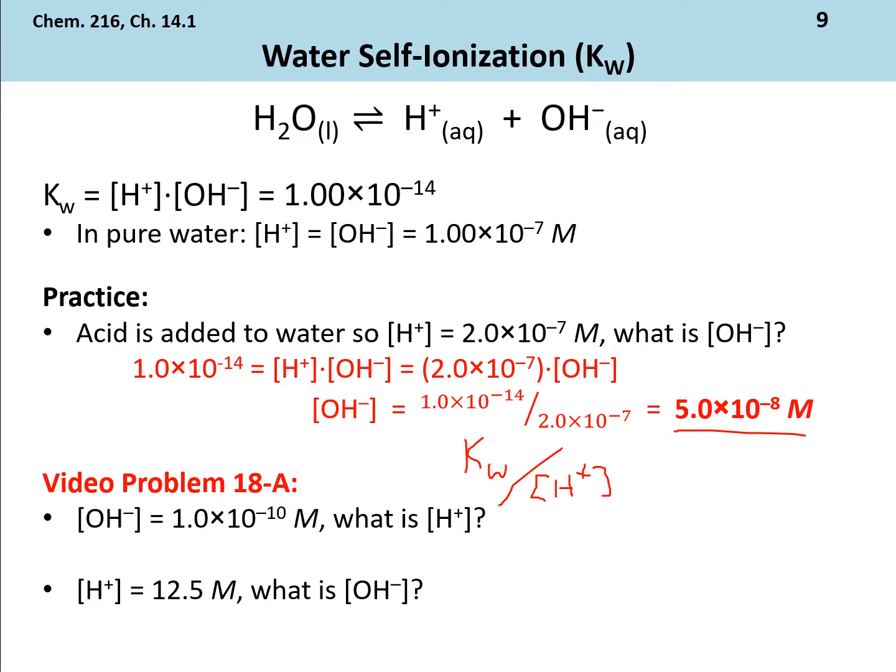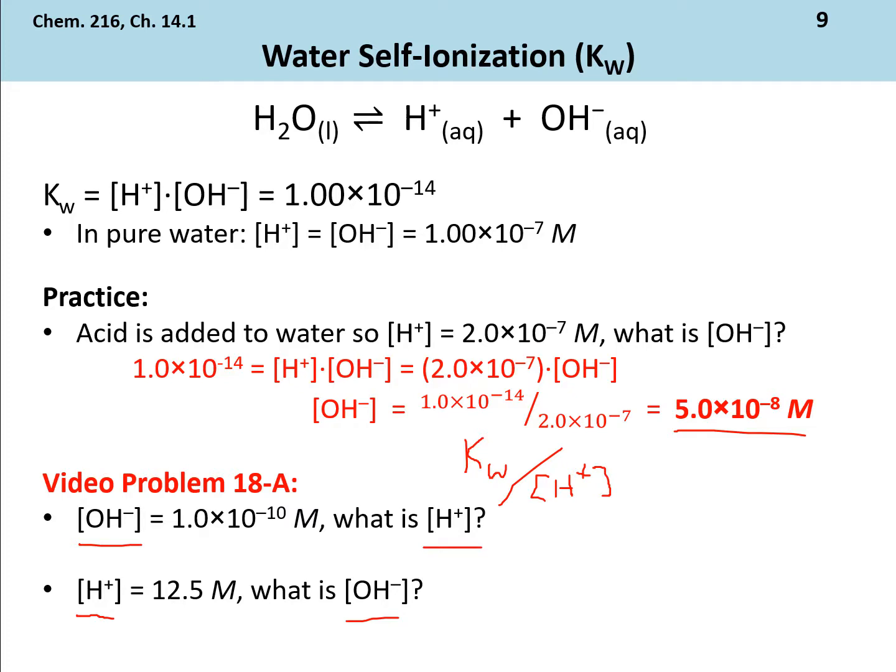I have 2 more problems that you're going to do as part of video problem 18A. In one, you're told OH minus and you have to calculate H plus. In the other, you're given H plus and you have to calculate OH minus. The way you do this is very similar. On the next page, I'm going to give you the answers.